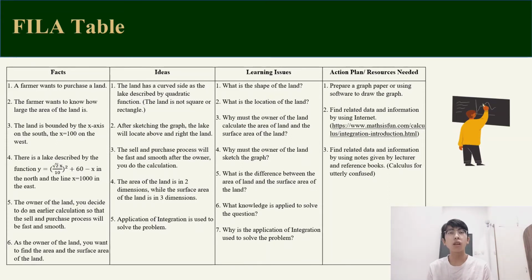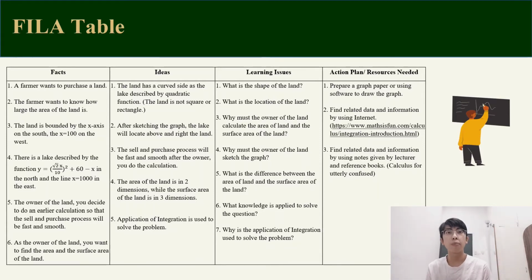Next, ideas. Number 1, the land has curved sides as the lake is described by a quadratic function. So the land is not a square, rectangle, or a polygon. Number 2, after sketching the graph, the lake will be located above and right of the land, as it is north and east of the land.